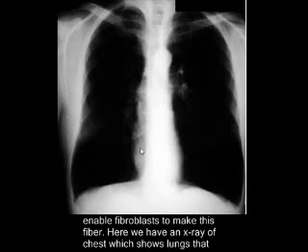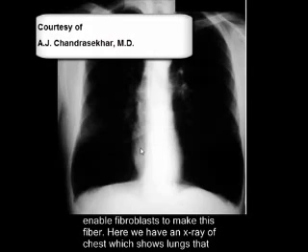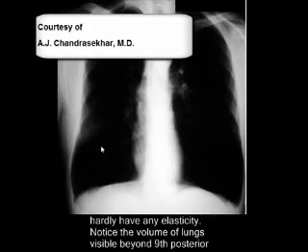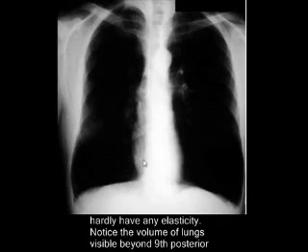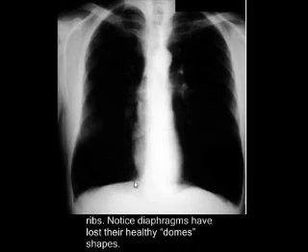We have a chest X-ray in front of us which shows a pair of lungs that hardly have any elasticity. So the lungs are a bit bigger in volume and they're just hanging down because of gravity. Notice the volume of lung is visible beyond the 9th posterior rib, although the posterior ribs are not visible clearly here.